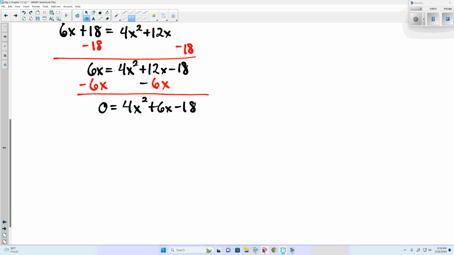Now we could start with not factoring, but graphing it. But there's a good chance we're going to get rational, fractional answers. Part of the reason I know that is the number in front of x squared is 4. If we have a number in front of x squared, the likelihood that there's going to be a fractional answer, 1 if not 2, is very high.